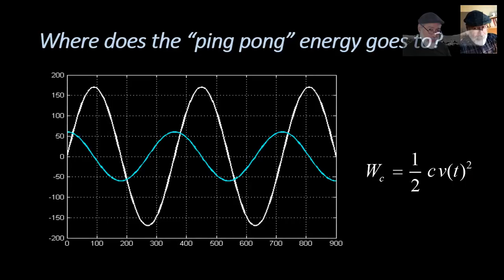So when the voltage in the capacitor goes from 0 to a peak, the energy inside the capacitor increases because the capacitor is absorbing energy and storing it away. But when the voltage decreases from a peak value to 0, the capacitor has to let go of that energy. The capacitor delivers energy. That's where the ping pong energy goes to the electric fields of capacitors.